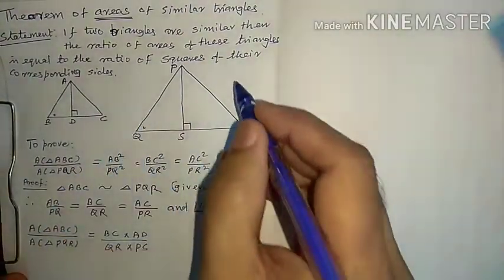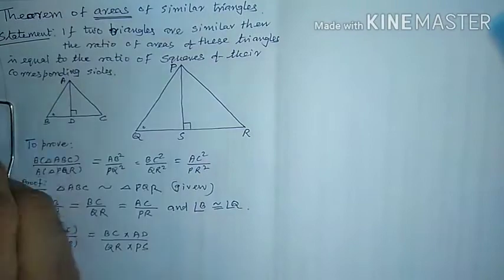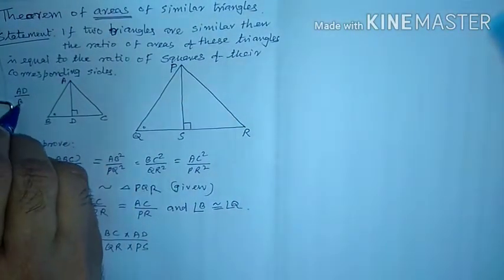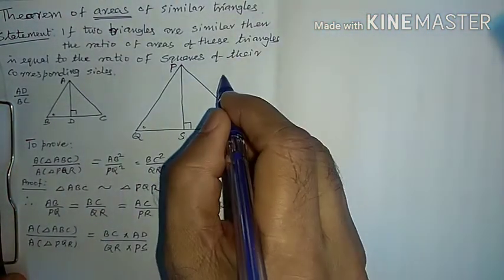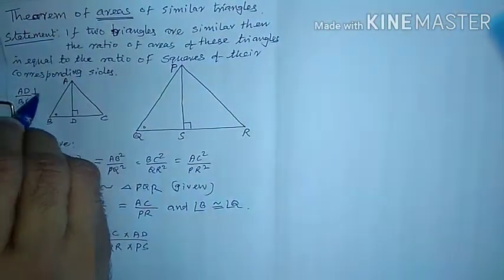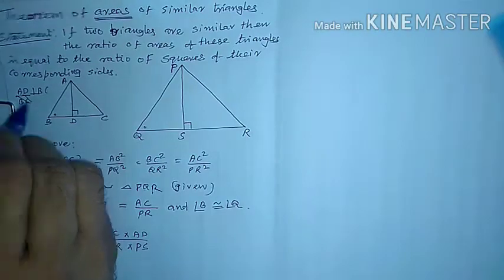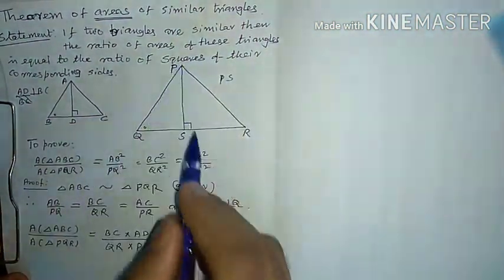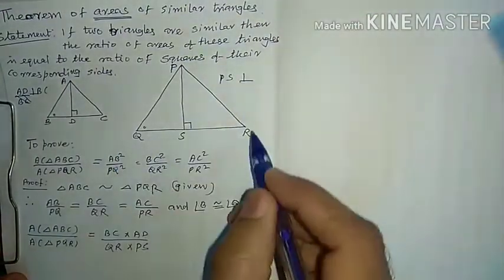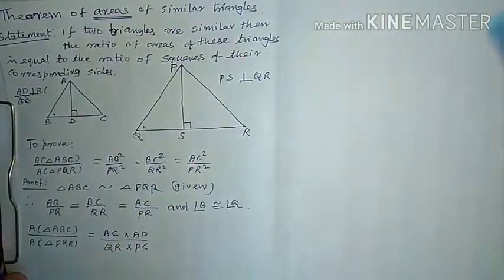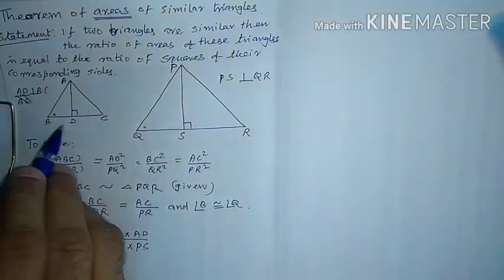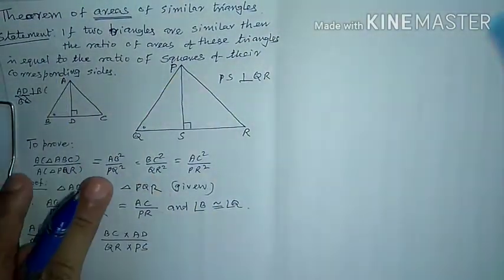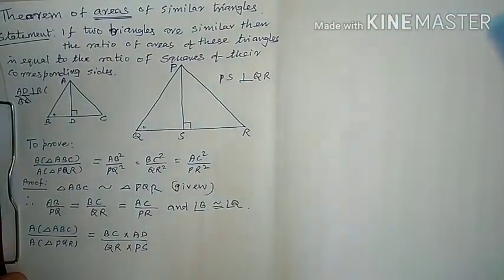If not clear, you can see here: AD is perpendicular to BC, and PS is perpendicular to QR. Here the order is B, D, C, and here Q, S, R, which means the perpendiculars are in between the endpoints of the base.